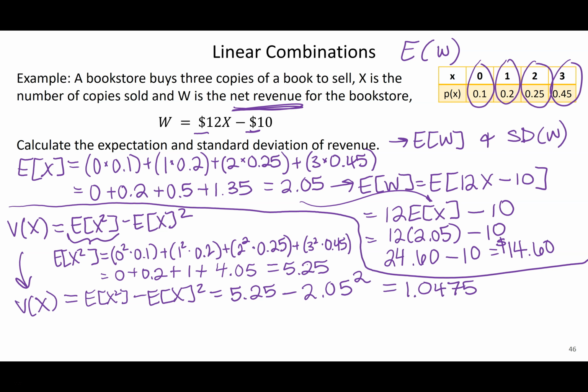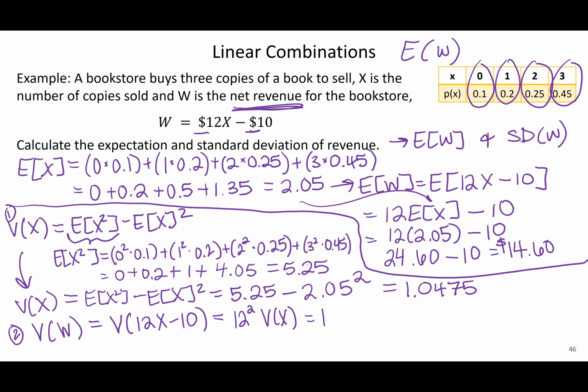So this is my first step. My second step would be to find the variance of w. So variance of 12x minus 10. The minus 10 part goes away. It doesn't vary at all. So I'm going to get 12 squared times the variance of x.